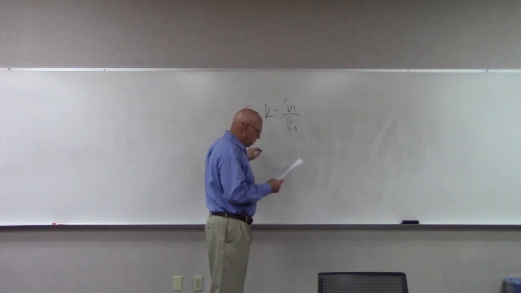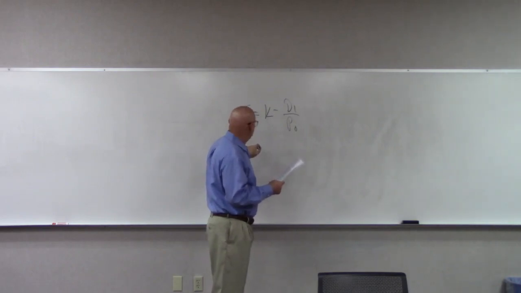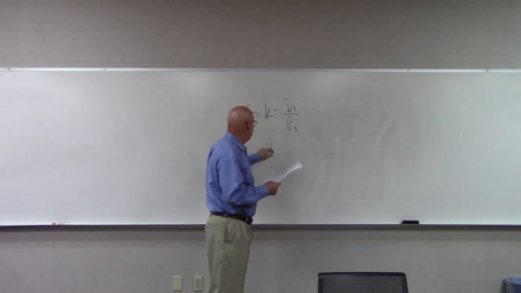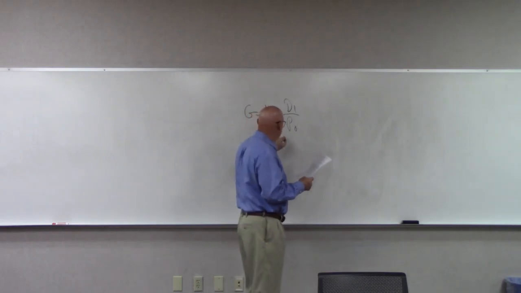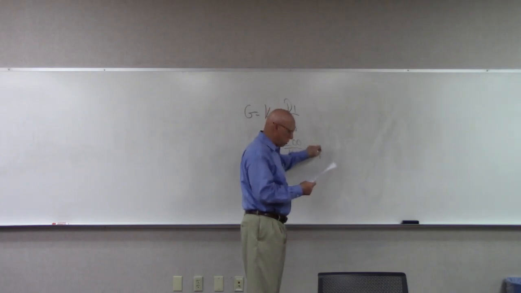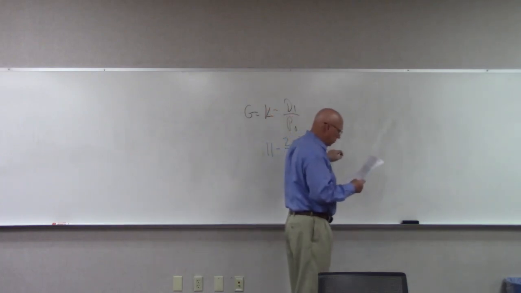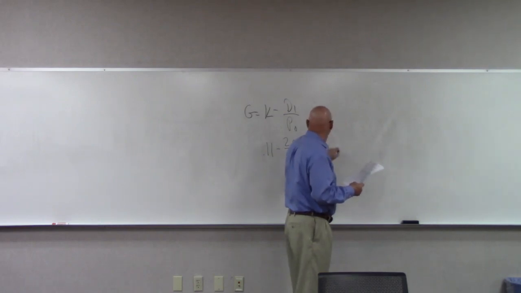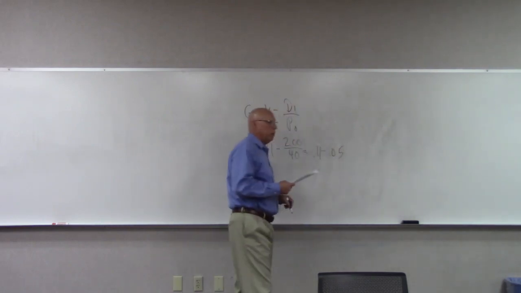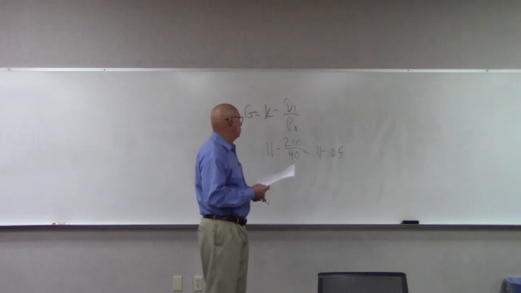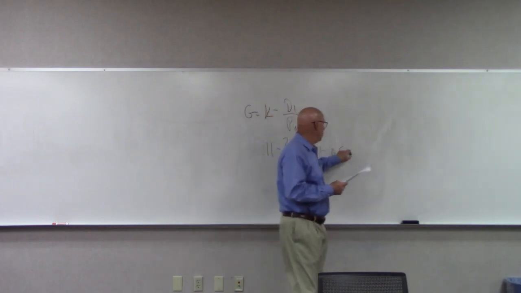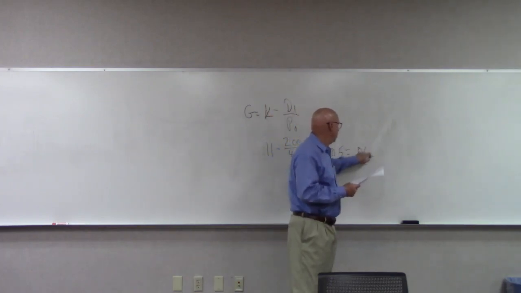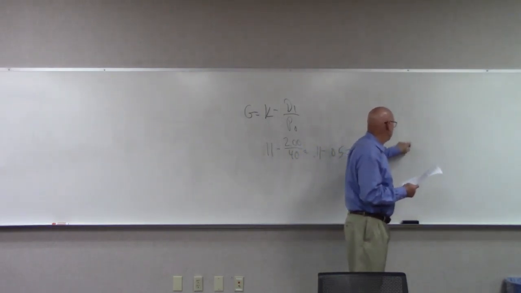So K is 0.11. 0.11 minus $2 divided by 40 equals 0.11 minus 0.05. What's $2 divided by 40? That's 5%, right? Equals 0.06 times 100 equals 6%. There's your G.